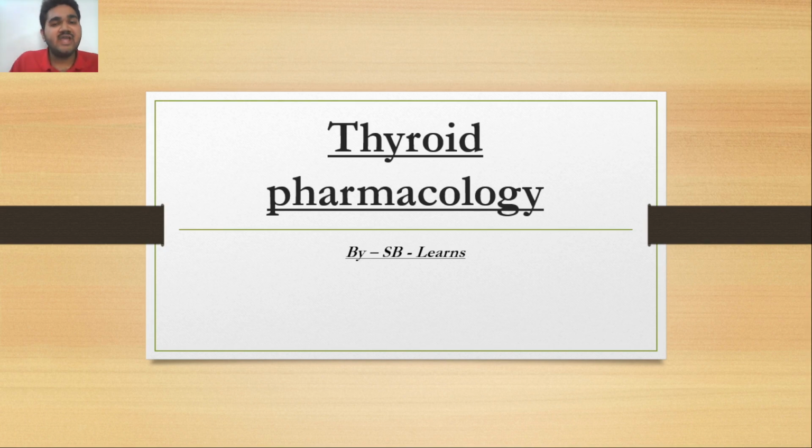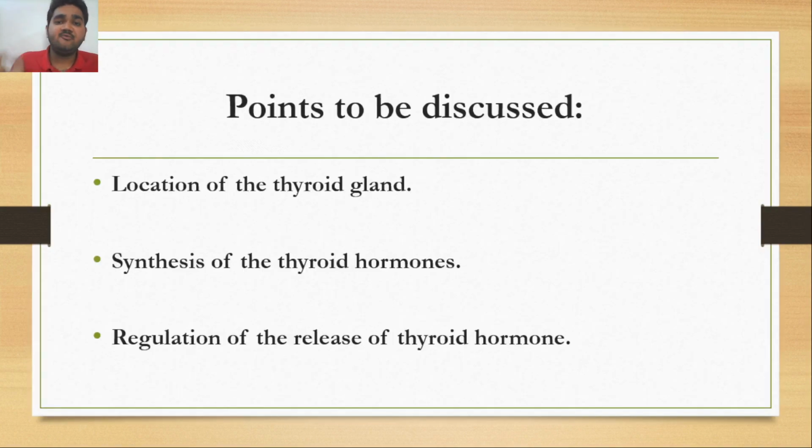सो इन आवर टुडेज वीडियो प्रेजेंटेशन we are going to start with a very basic of our thyroid pharmacology. So let me give you a brief review of all those things we are going to cover in today's video presentation. The very first concept that we are going to deal with is the location of our thyroid gland.